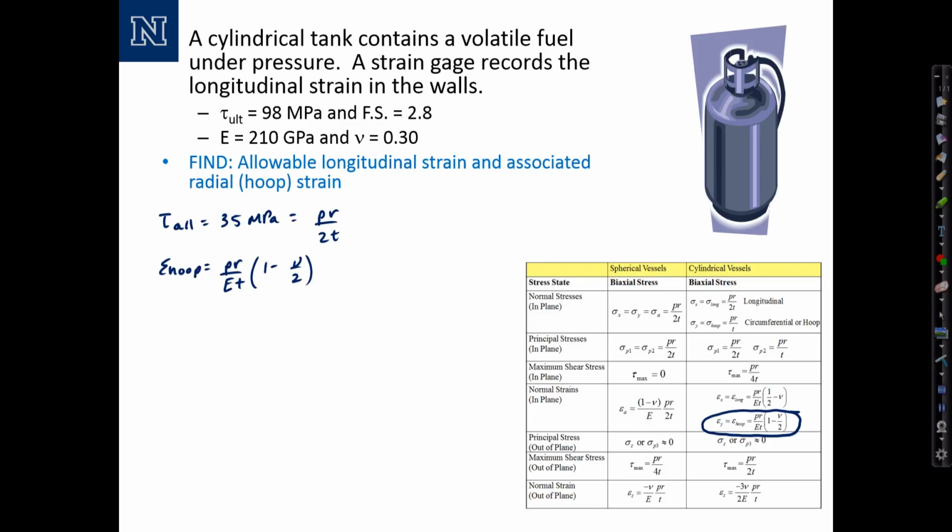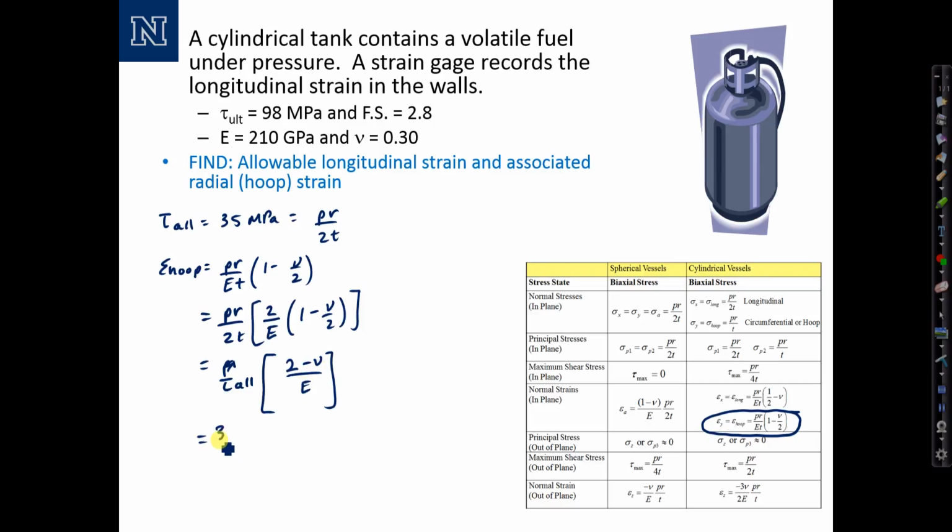Let's write that in terms of tau allowable equals PR over 2T times the 2, multiplying top and bottom by 2, bringing the E over here, 1 minus nu over 2. Now I'm going to multiply this through. This is tau allowable times a 2 minus nu over E.